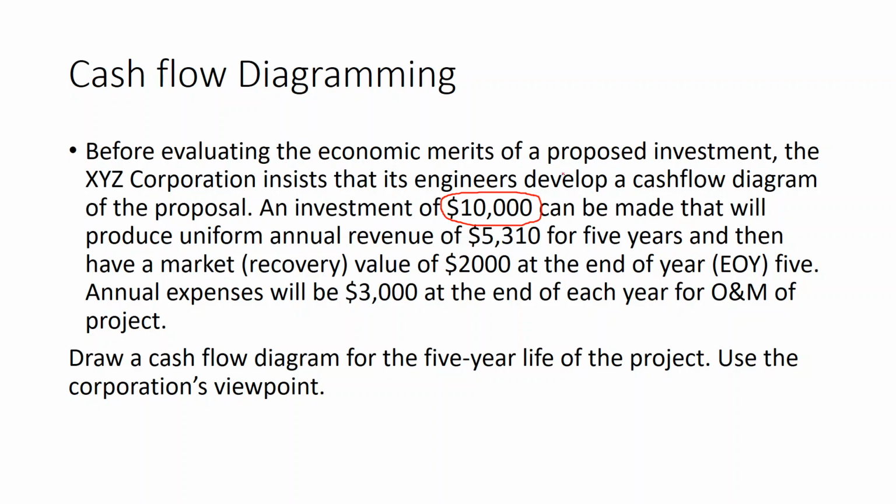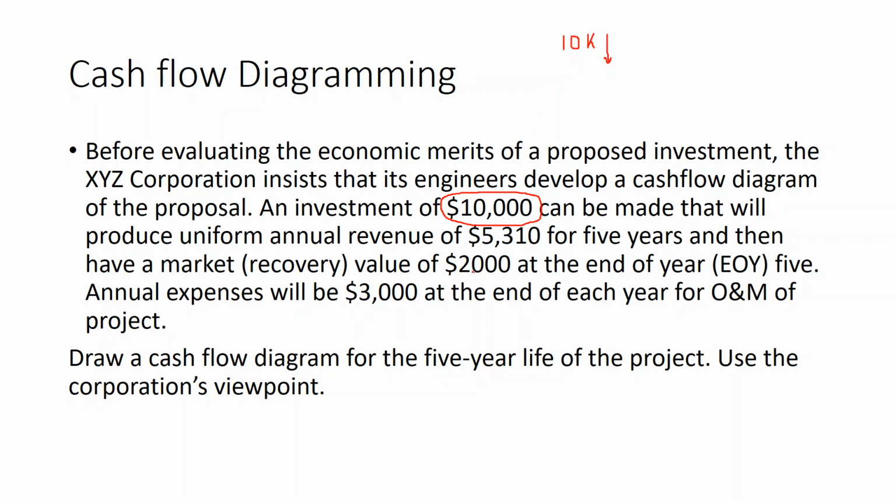The $10,000 is going out of your system, going out of your business. So this $10,000 will be an arrow downwards, right? And when will that happen? In which year? In which time frame? Zero. Yes, thank you.